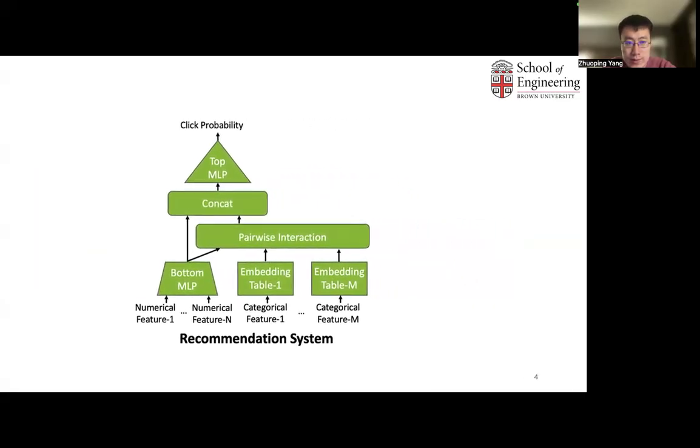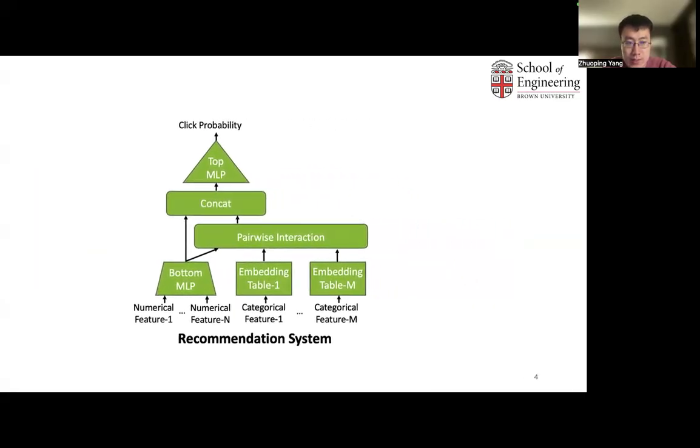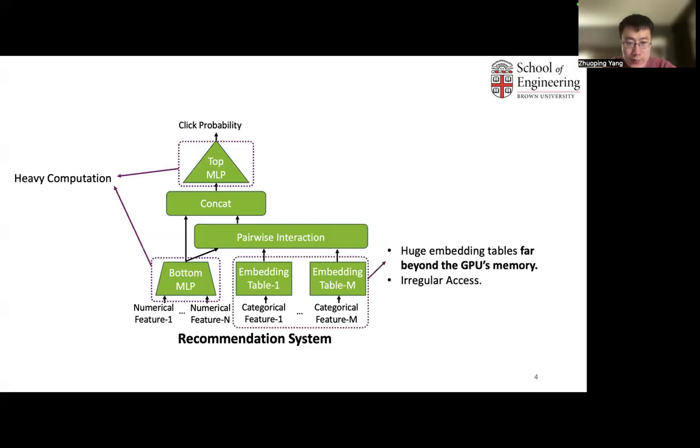If we take a look at the recommendation system, we can see that there are two MLPs, which are computationally intensive, and we can use GPU to handle these tasks efficiently. And we can also have another task, which is called embedding table lookup.